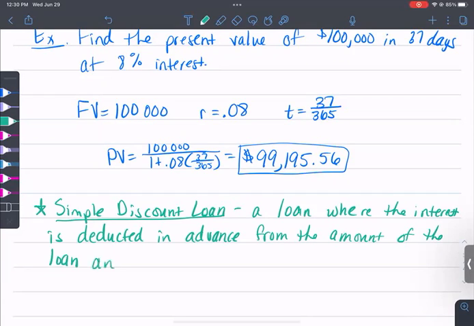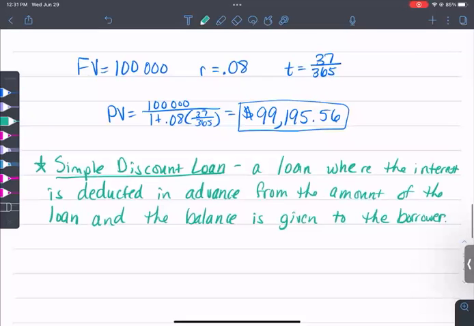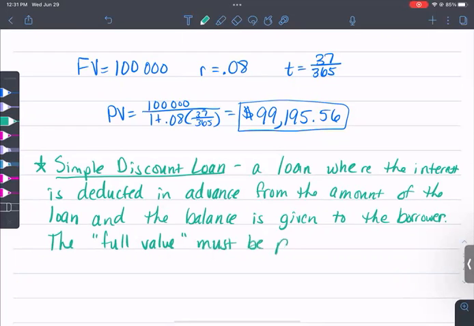And the balance is given to the borrower. The full value must be paid at maturity.